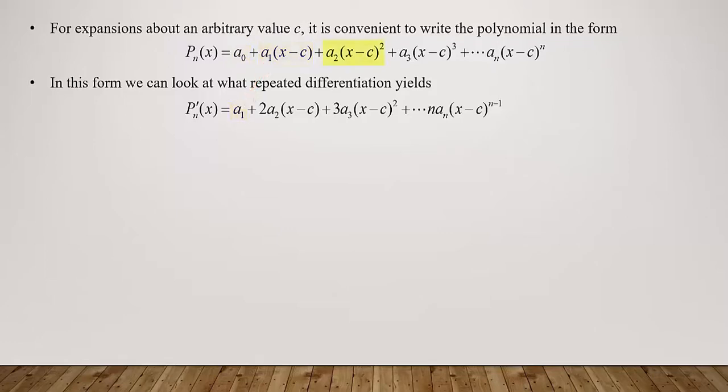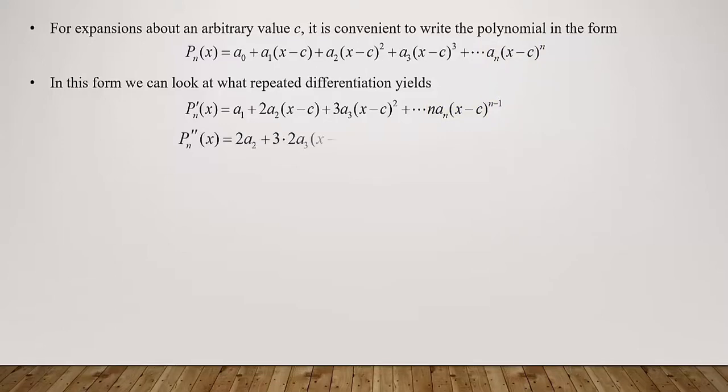The derivative of the third term is just 2a sub 2 times (x minus c). The derivative of the fourth term is 3a sub 3 times (x minus c) squared plus yada yada yada plus, I left out a plus sign again, n times a sub n (x minus c) to the n minus 1. So that's the first derivative.